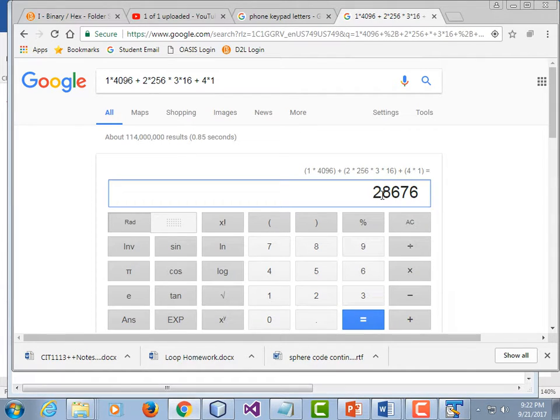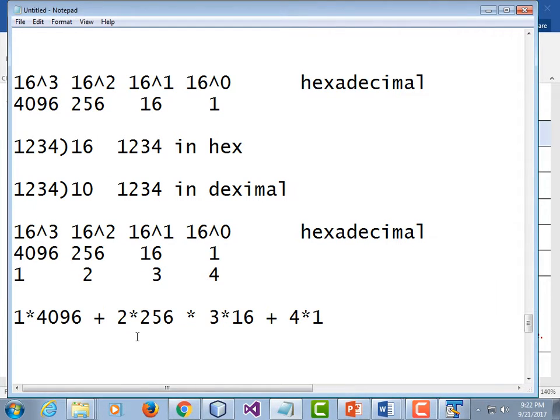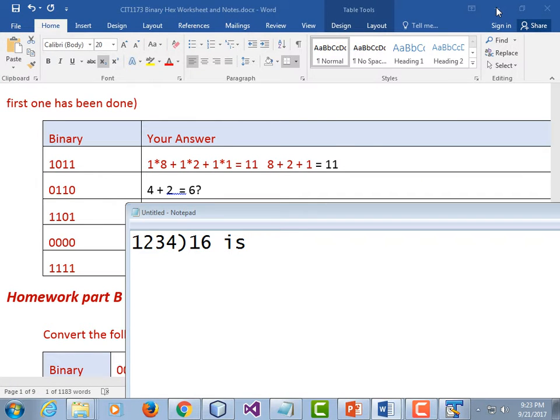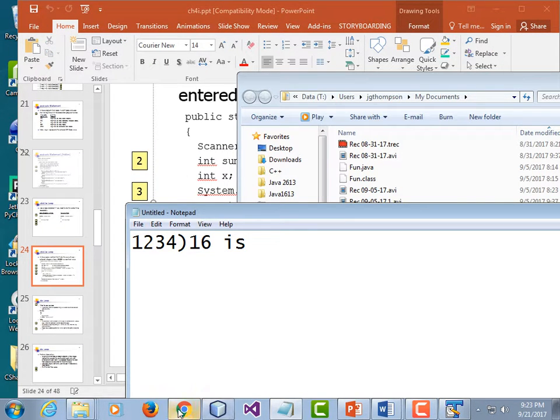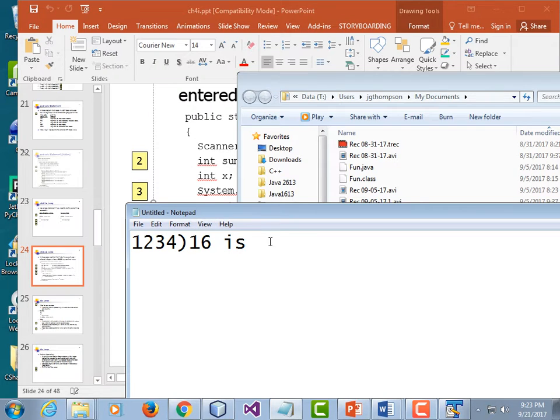And there we go, 4660. So 1, 2, 3, 4 in hex, or in base 16, is equal to that in base 10.